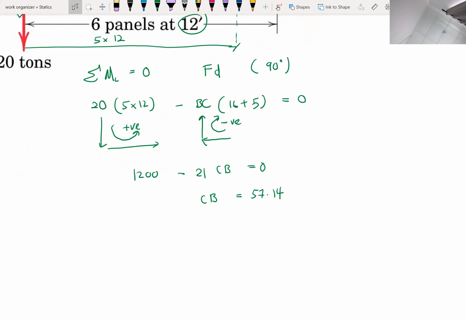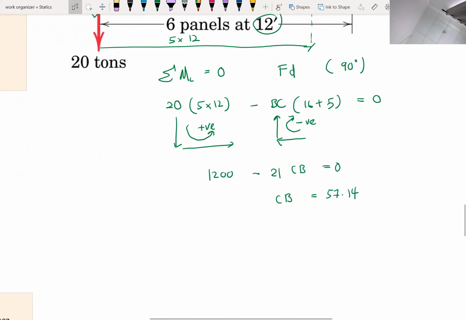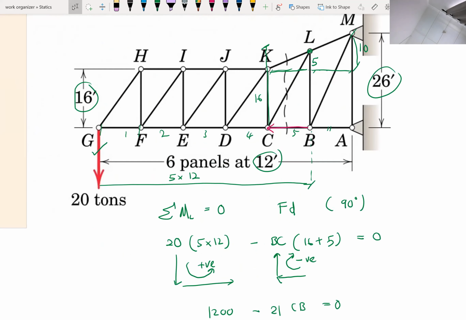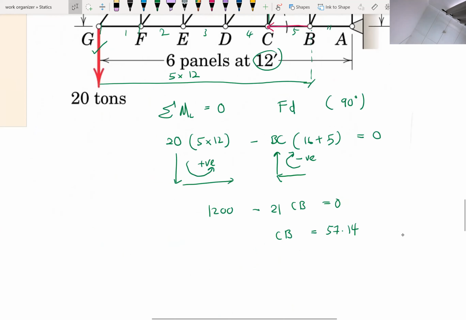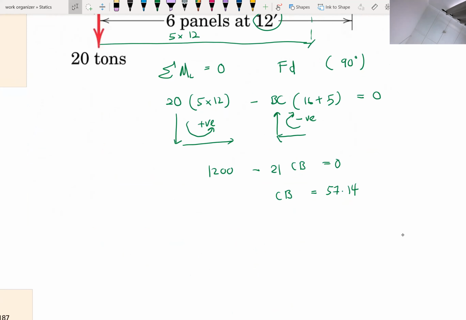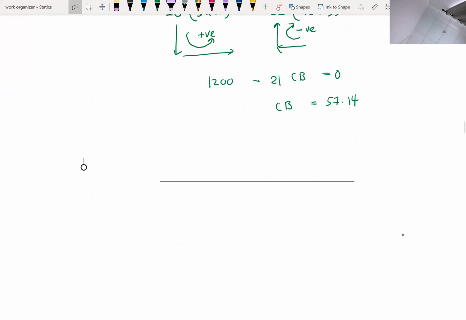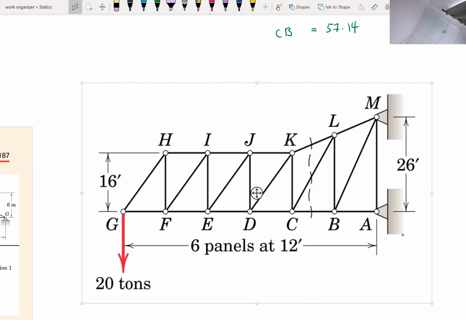Next we are going to copy this figure and paste.